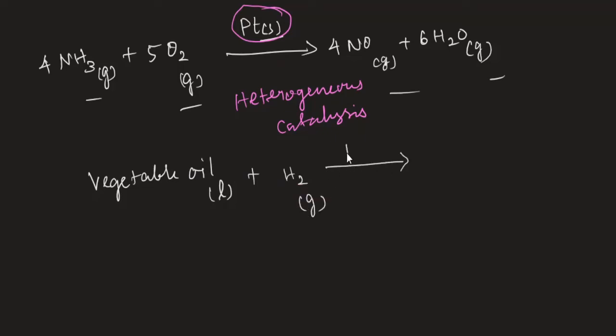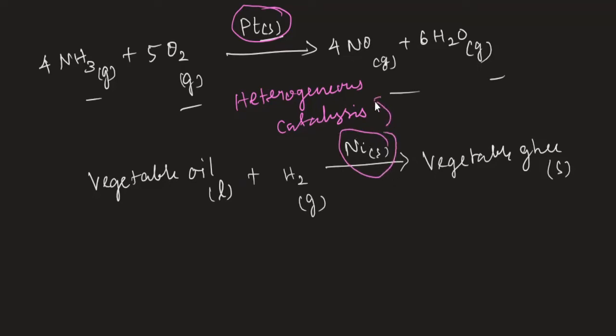In presence of finely divided nickel powder, we get vegetable ghee, that is called vanaspati, is it not? Dalda. It's in solid form. Now tell me what type it is. Once again, this is a heterogeneous catalysis. Why? Because nickel is solid and vegetable oil is liquid, hydrogen is gas.